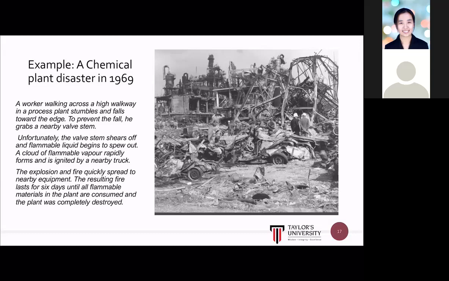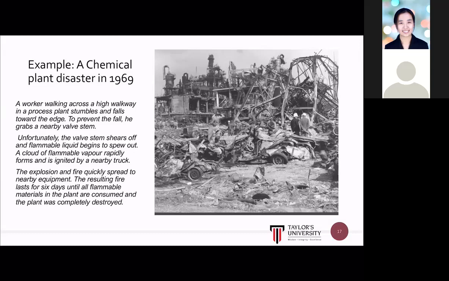So what happened is this person stumbled and thought, oh my God, I'm falling. To prevent the fall, he grabbed something nearby. Unfortunately, he grabbed a pipe, just to stabilize himself.